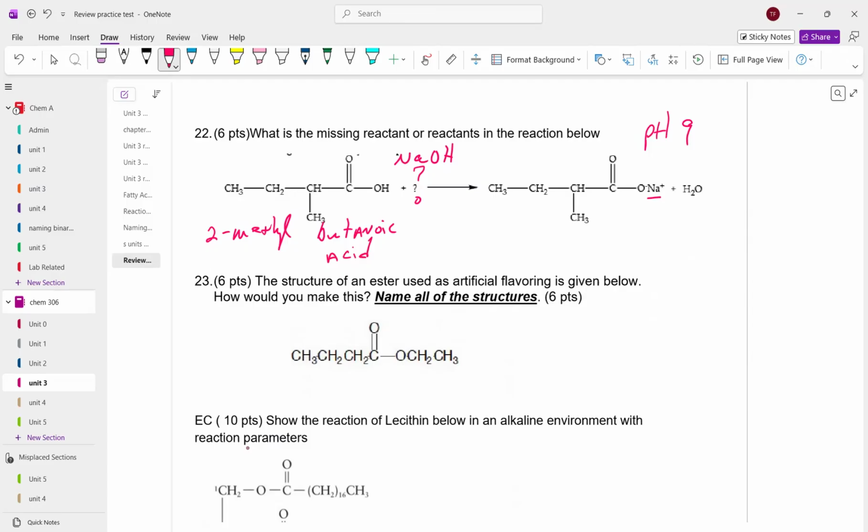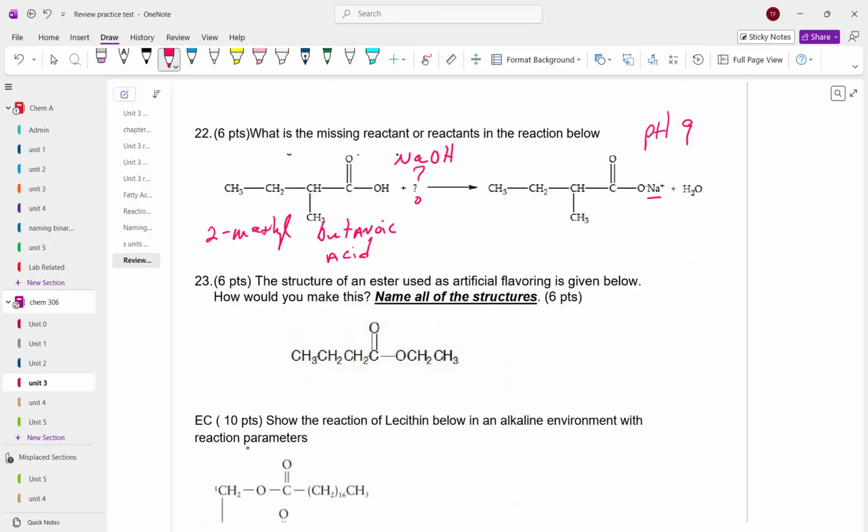Is there something additional on top of the arrow for the reaction itself? It's sodium hydroxide because on the right there is a sodium ion. And it's got to be a base because it took that proton off the acid. So a sodium base, sodium hydroxide.